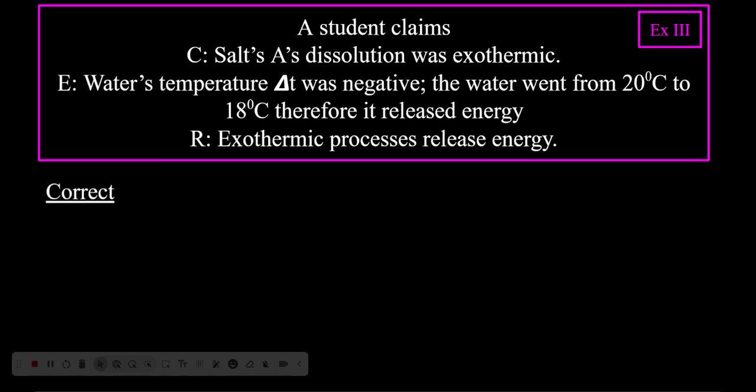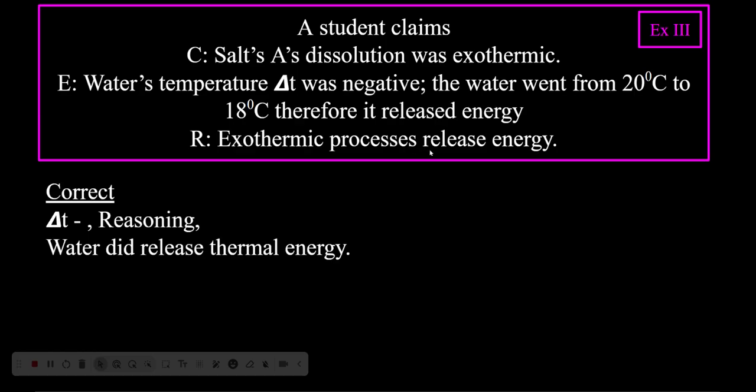Well, first off, they're incorrect, but when they're looking at the scenario, they're making some statements that are correct. One being that it's a negative delta T. Temperature is definitely going down. Their reasoning is correct, meaning they're not wrong that exothermic processes release energy. And they're also not wrong that water in this scenario is releasing energy.